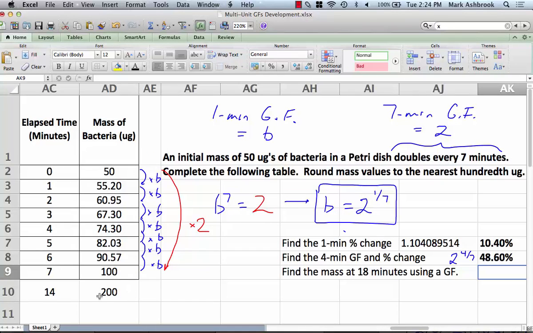That's it. You take the output at 14. If you multiply it by the 4-minute growth factor, this 2 to the 4/7, it will give you the mass 4 minutes later or at 18 minutes. So I'll write that out. We're going to take 200, which is, we didn't really make a function, but let's say f of 14, times the 4-minute growth factor.